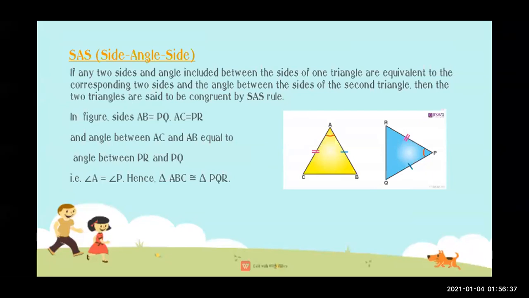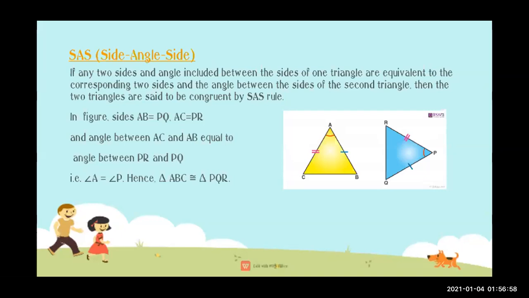Here angle A and angle P are equal. So angle A and angle P are in between the two sides, that is AB and AC, and here PQ and PR have the angle P in between. So that means it is which type of test?